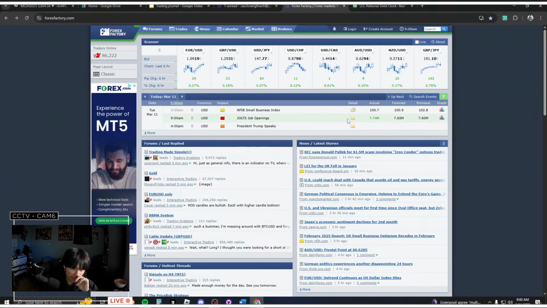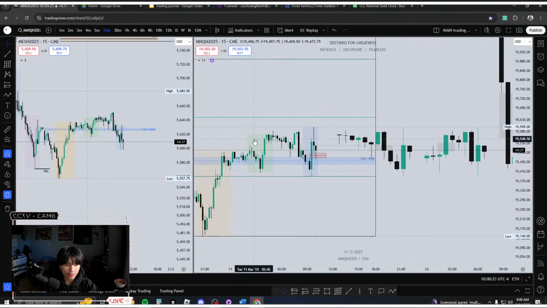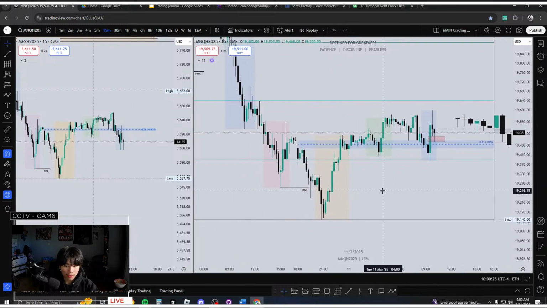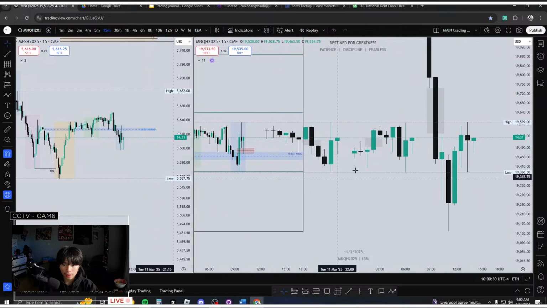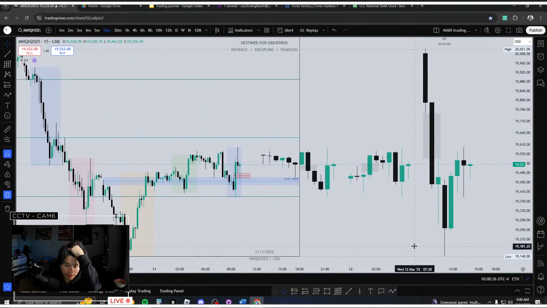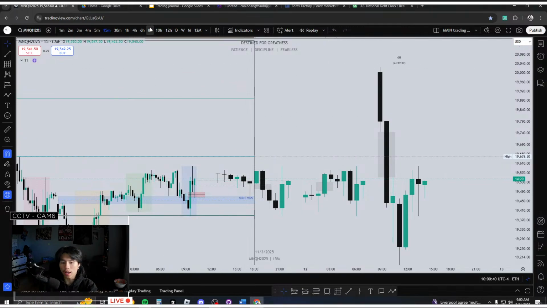So we have job openings. It was positive. But yeah, coming into the charts, like I said, no buys here. It's rather indecisive on the 4-hour candle and the 8-hour candle.